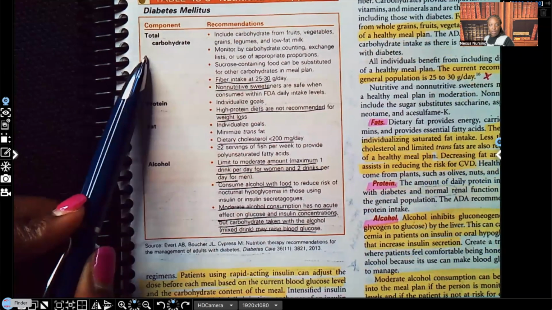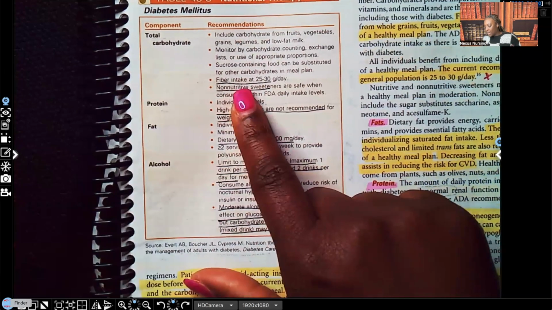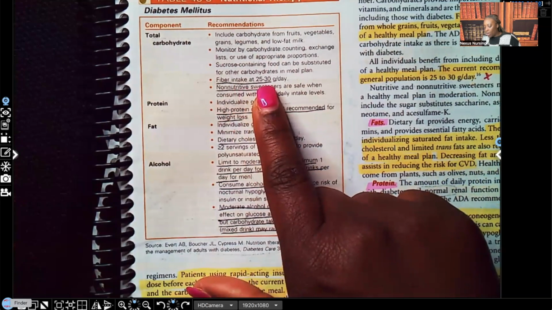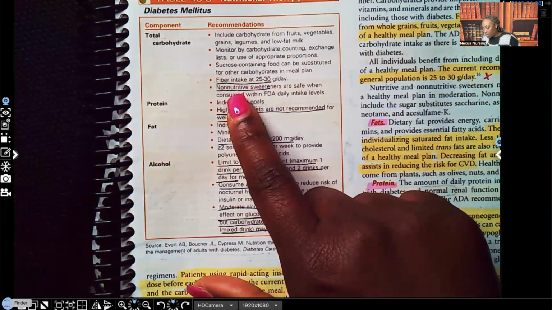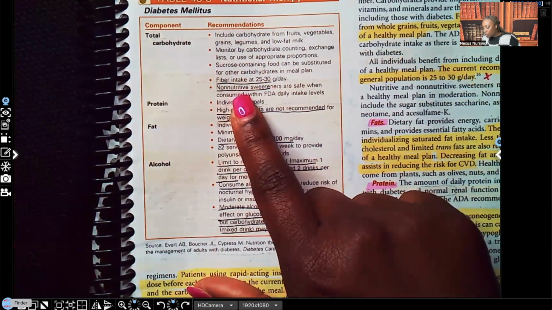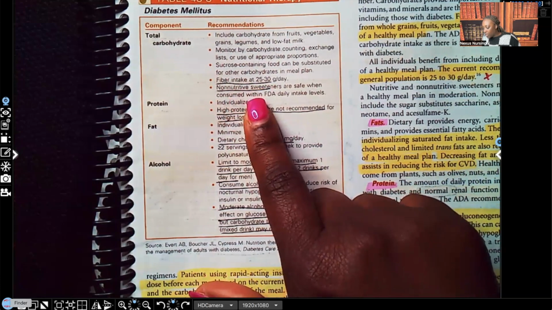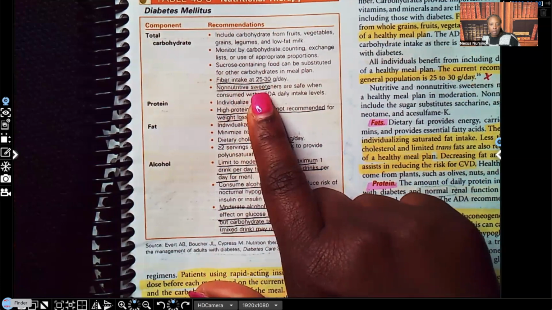Total carbohydrates. You want the fiber intake to be 25 to 30 grams per day. Non-nutritive sweeteners are safe when consumed within FDA intake levels. So using, I can't think of the name of them, but like the fake sugar, but be careful with them because some are high in potassium.